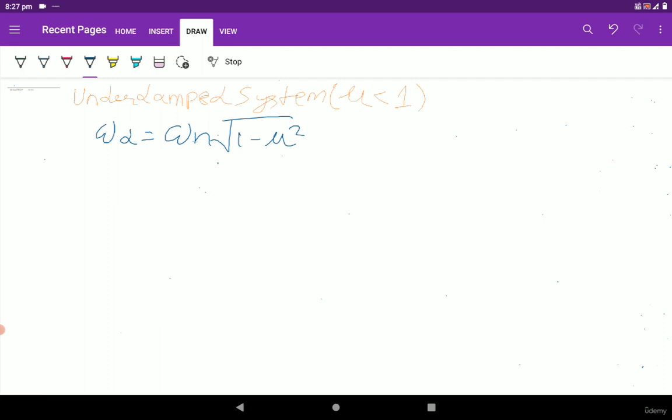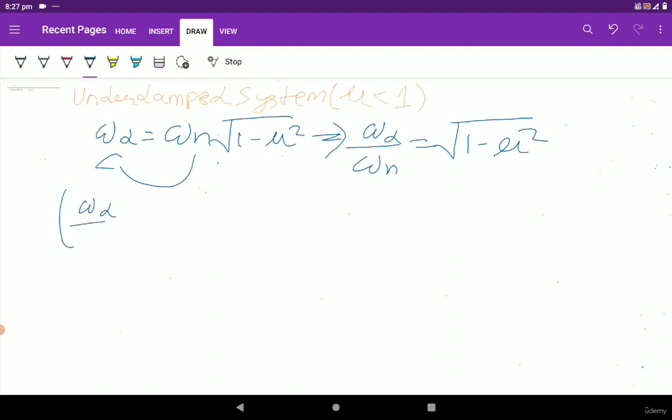Let's bring omega n to left hand side. So it will become omega d by omega n is equal to under root of 1 minus damping factor square. Now in order to remove this under root sign, we are going to square both sides. That is omega d by omega n square is equal to 1 minus damping factor square.